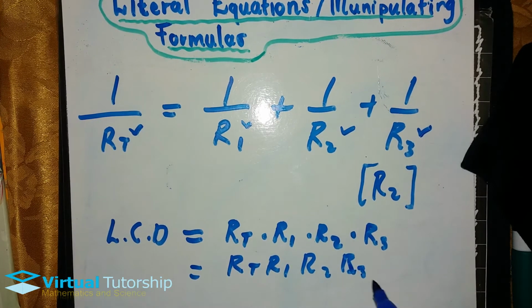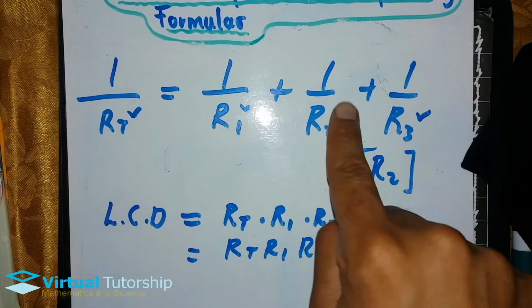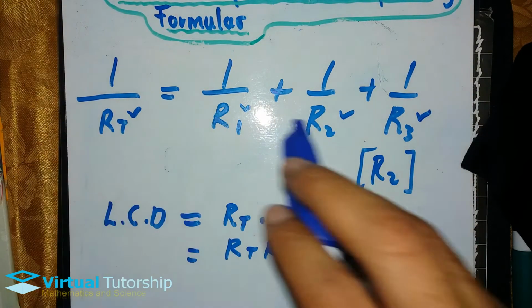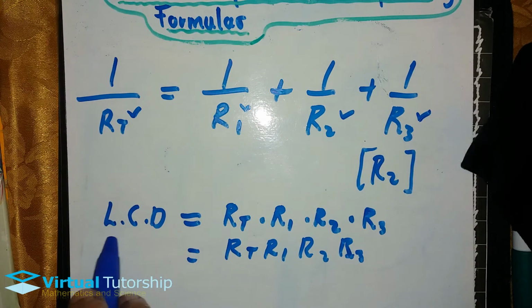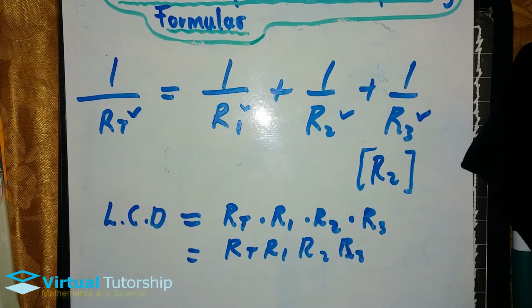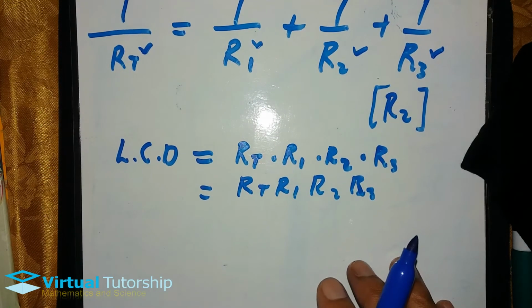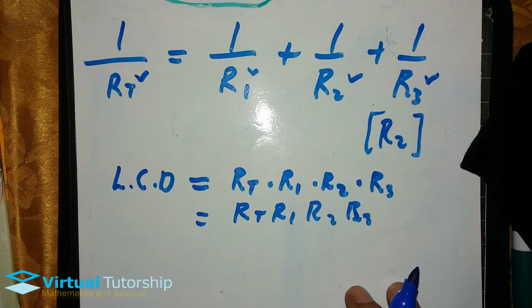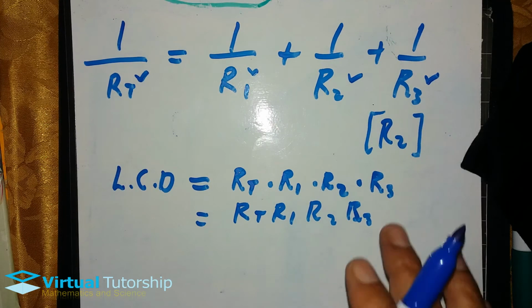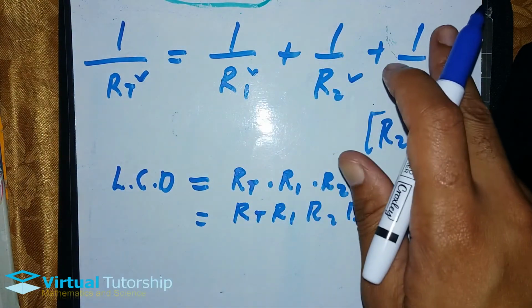What exactly is my LCD? In an equation with different fractions, you get the LCD from the unique elements in these denominators. So after getting your LCD, what will you do? You will take your LCD and multiply each fraction that is here.